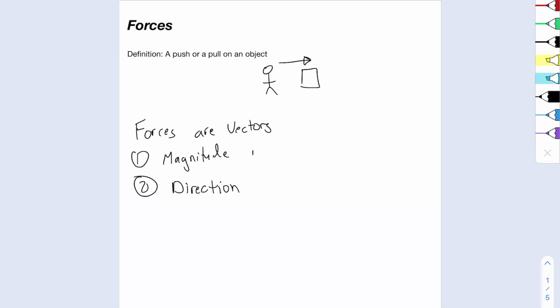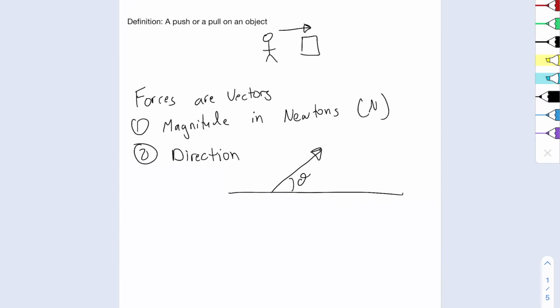The magnitude tells us the strength of the force, so it's some number and then the unit newtons, which is simply abbreviated with a capital N. The direction is usually given as an angle. So let's say you have some force this way and you have the horizontal like that, and this angle theta can give you the direction of that force.